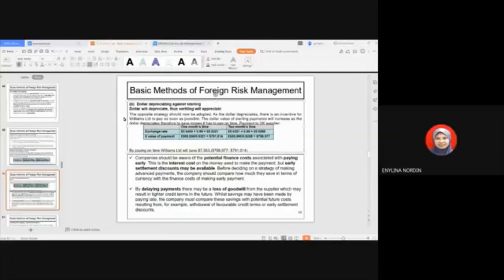That is the meaning of this situation. If the dollar is predicted to depreciate, the sterling is predicted to appreciate.